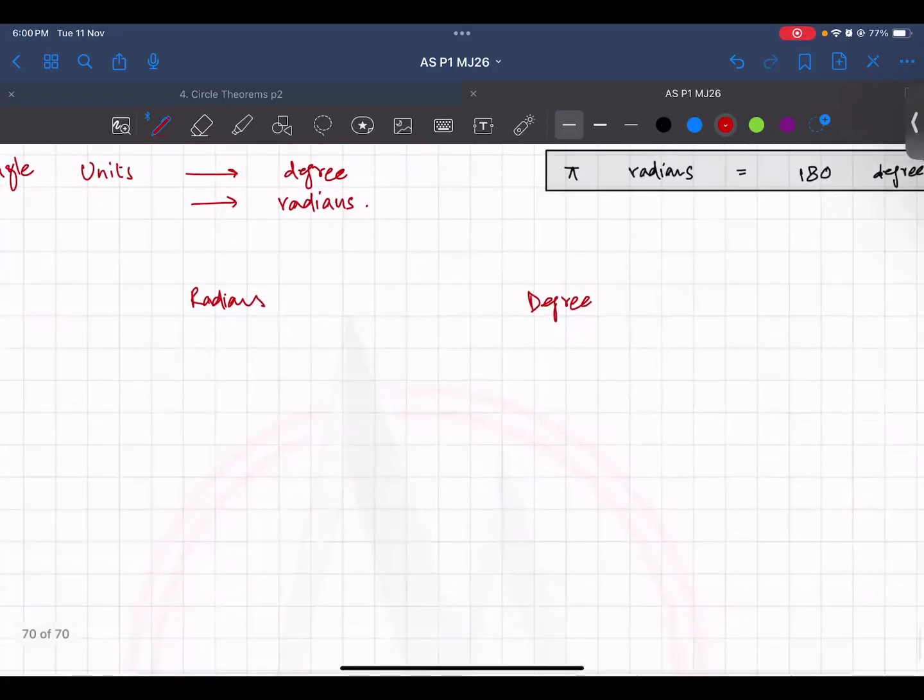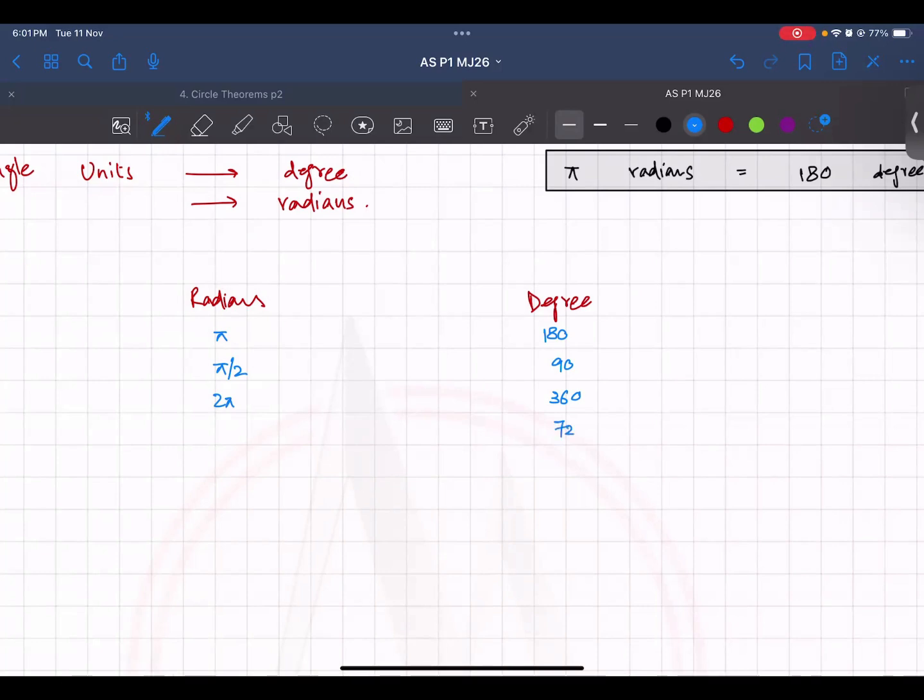Let's convert a few. We know the basic one is pi is 180 degrees. If I talk about 90 degrees, it is 180 divided by 2, so this would become pi by 2. If it is 360 degrees, it is twice of 180, so this would be 2 pi.